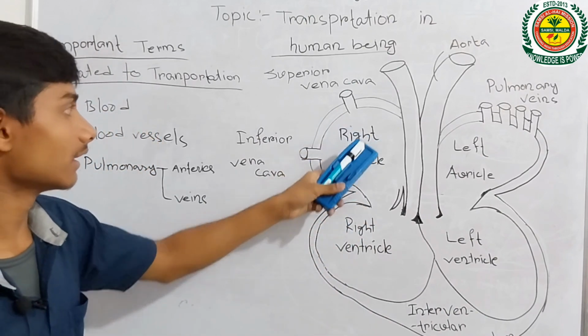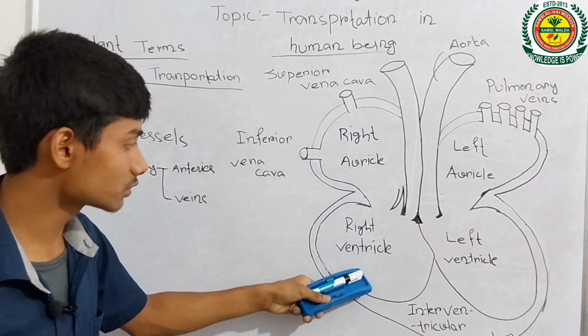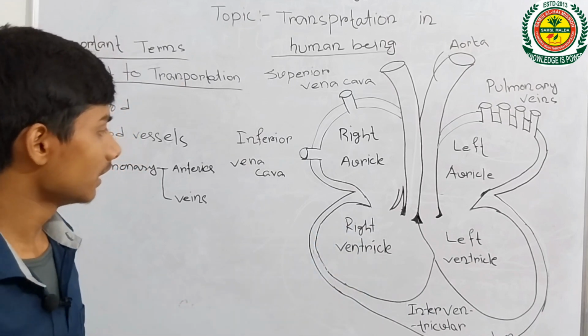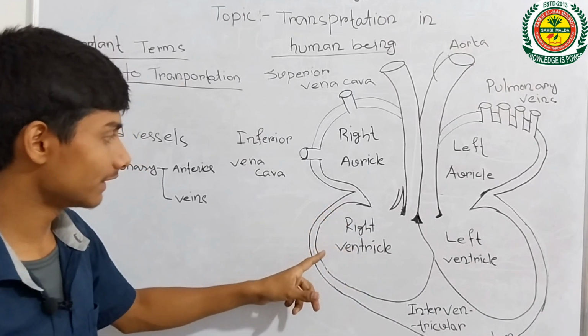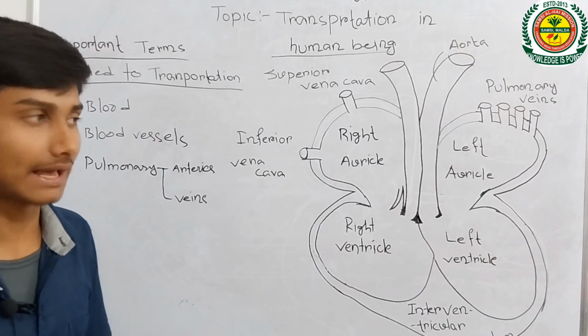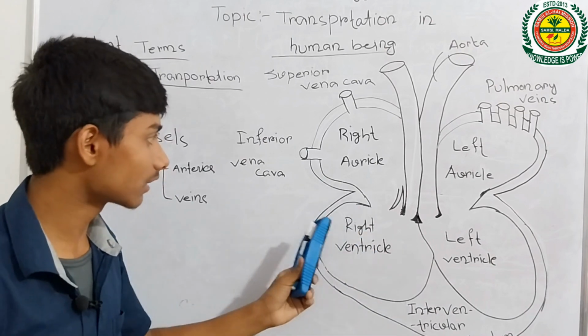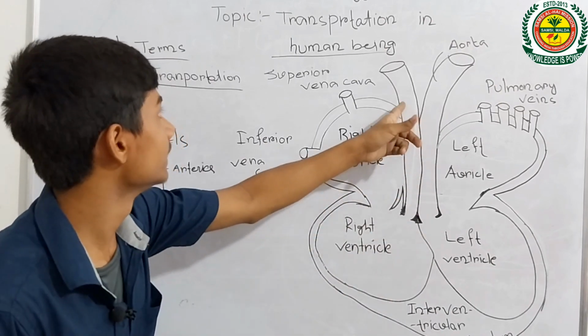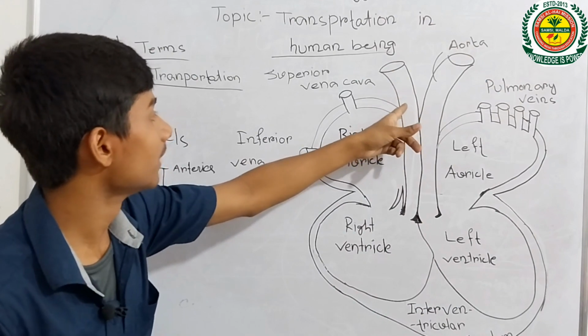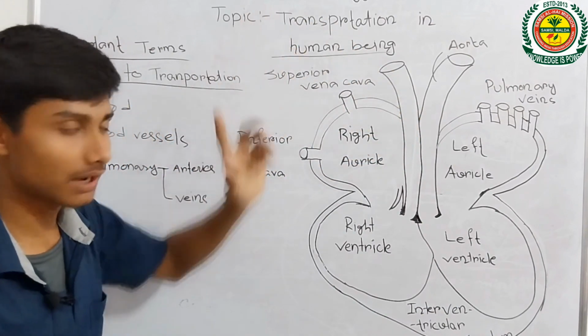When the right auricle contracts, the blood goes to the right ventricle. When the right ventricle is filled, for the oxygenation of the blood, it contracts and the blood goes through the pulmonary arteries and is sent to the lungs.